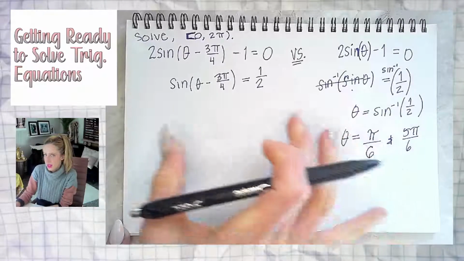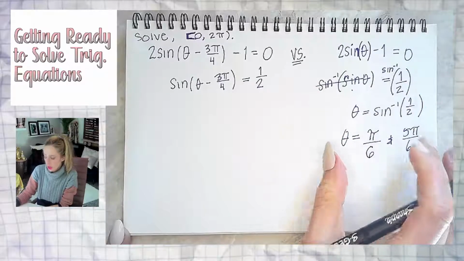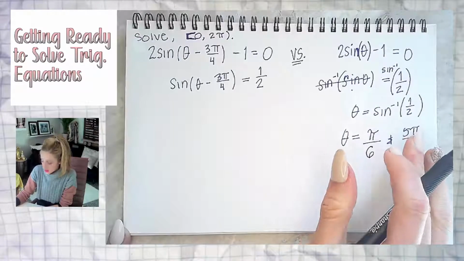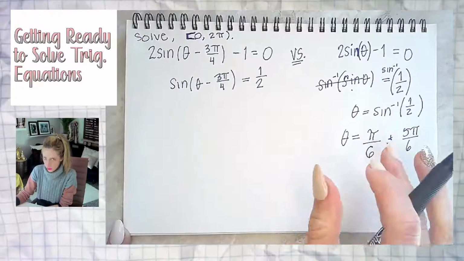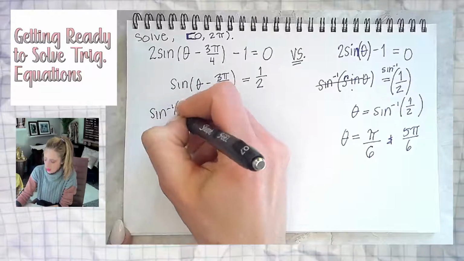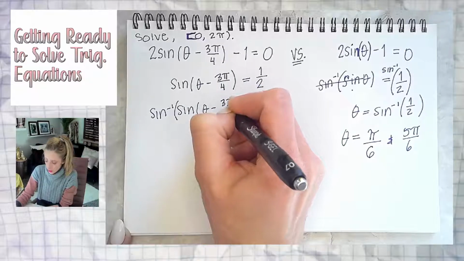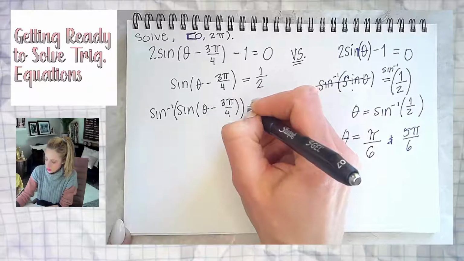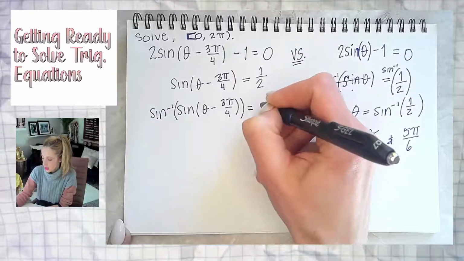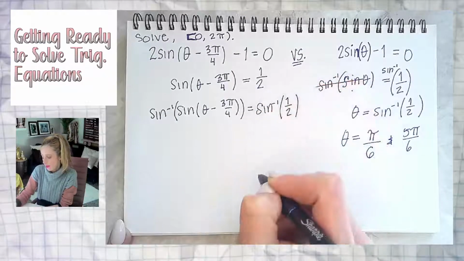Okay, now how does this relate to this? Well, if I show the work the way I said, which isn't really necessary here but might be helpful, I take sine inverse of both sides: sine inverse of the sine of (theta minus 3 pi over 4) equals, what you do to one, you do to the other, sine inverse of 1/2.